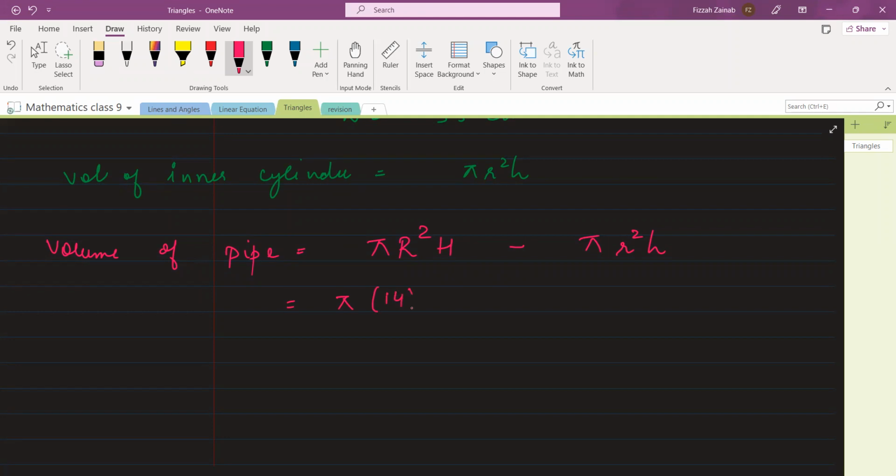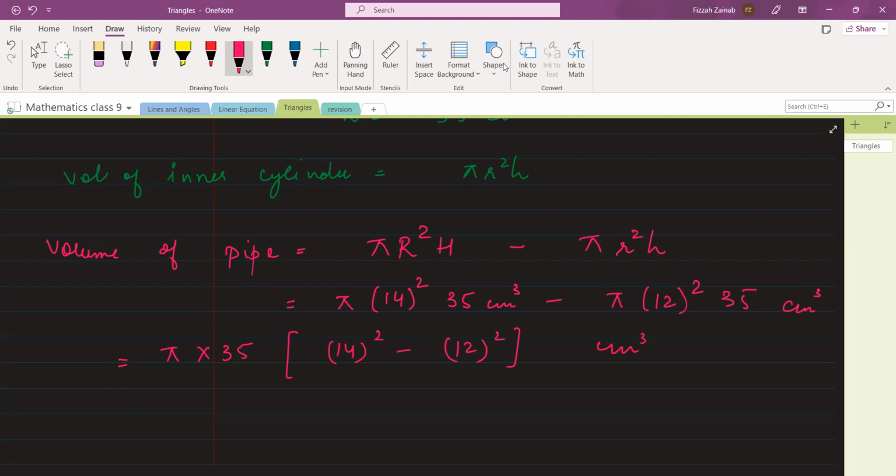It was 14 whole square and h was 35 centimeter cube, minus pi, now this is 12 whole square and this is again 35 centimeter cube. Now you can see there are some things which are common here. So pi you can bring outside and then 35 also you can bring outside, right? So then you have 14 square minus 12 square and answer is in centimeter cube. Zeba, is it okay? Yes, ma'am.